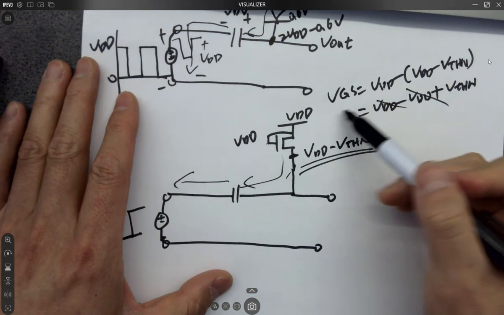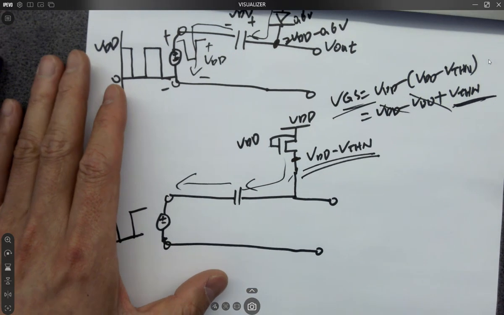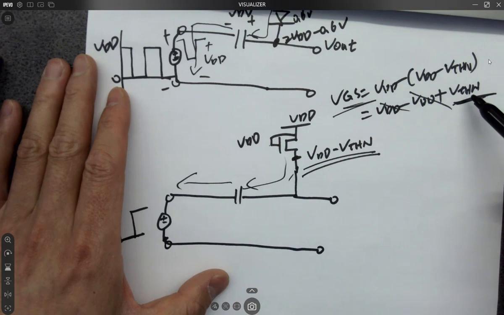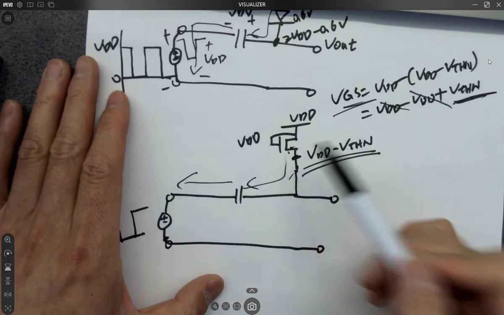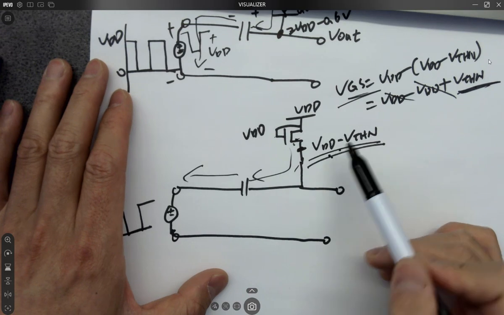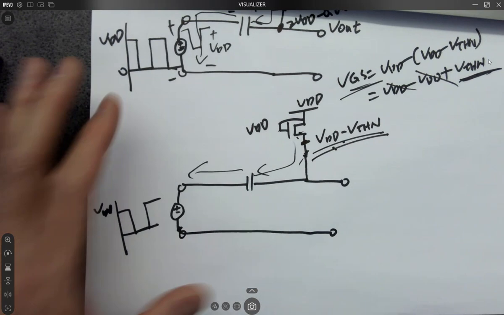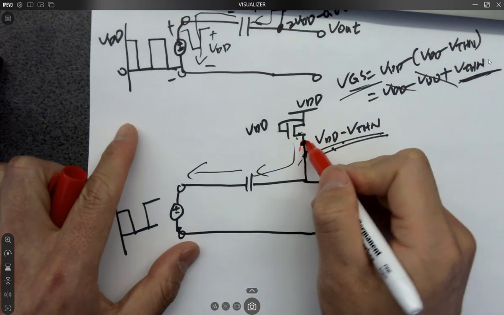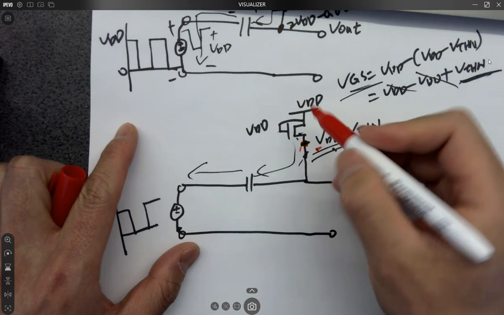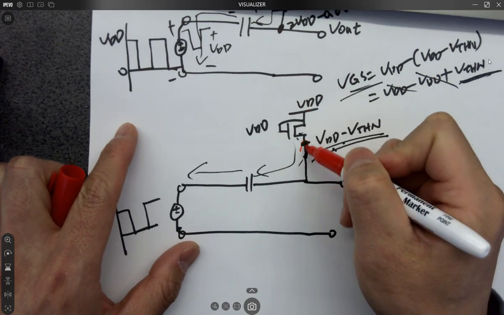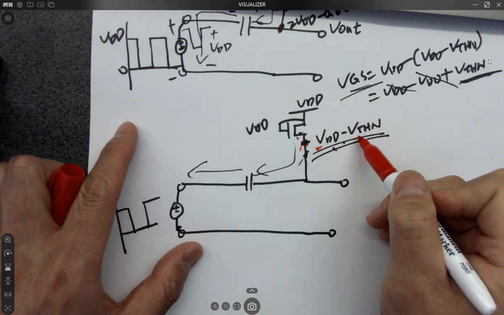So your VGS becomes VTHN. All right? If it's going higher, your VGS will be less than VTHN. It's going to shut off this NMOS. So this will be the maximum voltage you can see at the source. So whenever this is pulling, the maximum voltage that can reach the source of the NMOS will be VDD minus VTHN. Or you can say whenever the VDD is passing this NMOS transistor, it is losing 1 VTHN.